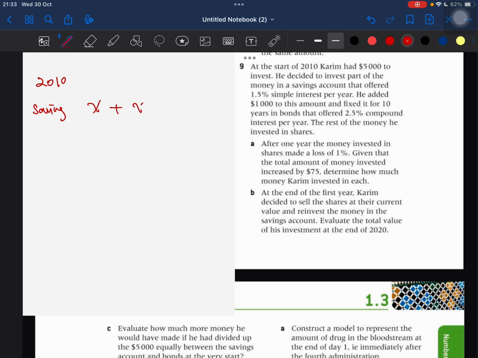And this yields 0.015 per year, but we don't know how many years. Let me call it just n. And he bought bond, x plus 1,000, fixed for 10 years in bond offering 2.25% compound interest per year.